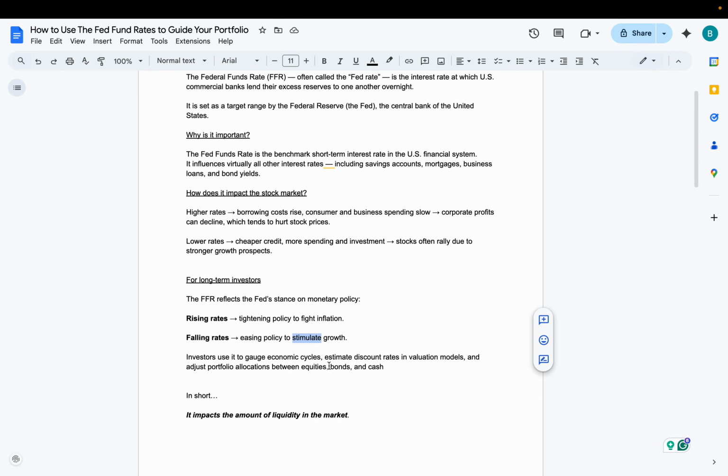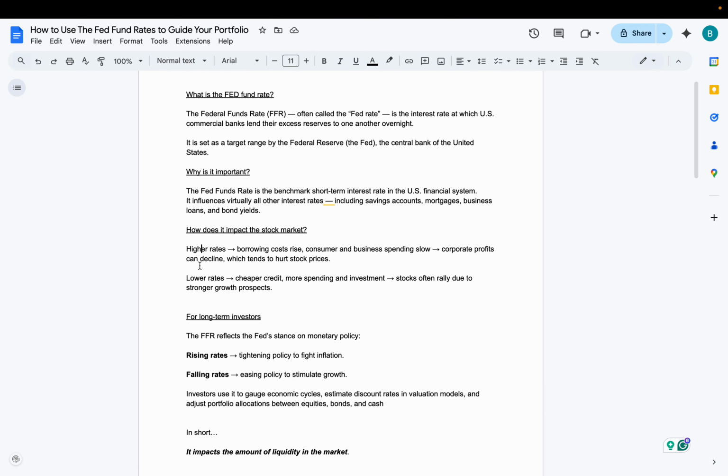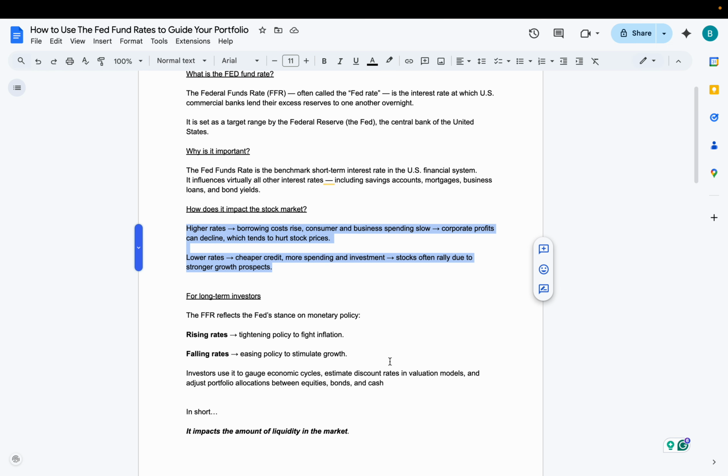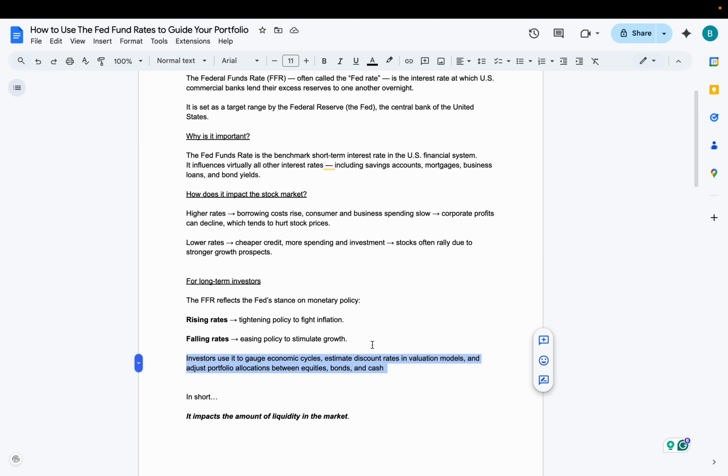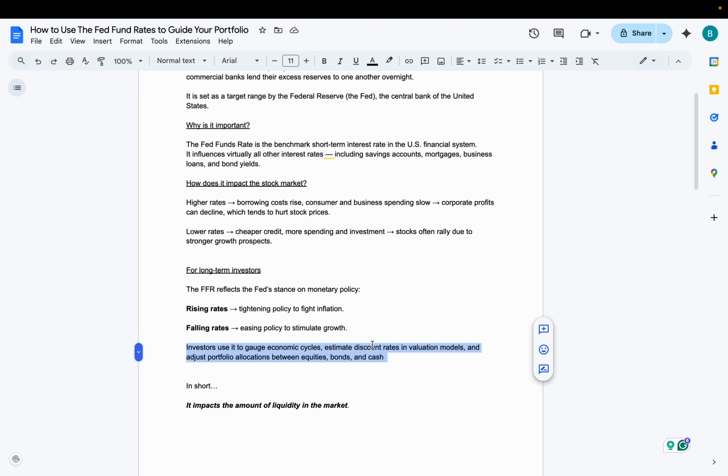As I mentioned, it all ties back to how higher and lower rates impact businesses and consumer spending behavior. So investors can use the Fed fund rate as a gauge for economic cycles, estimate discount rates in valuation models, and adjust portfolio allocations between equities, bonds, and cash.